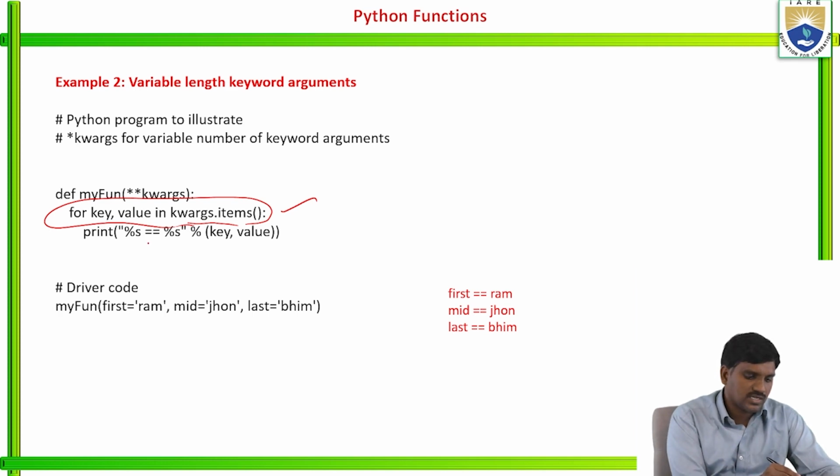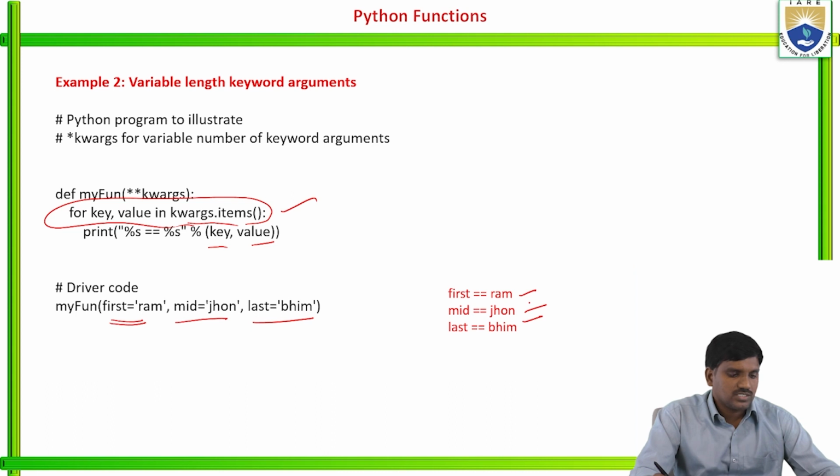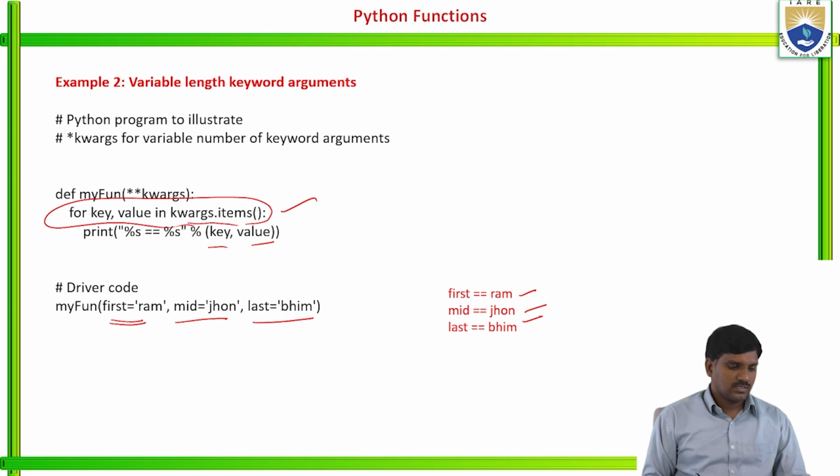Here in the driver code, myFun(first='Ram', mid='John', last='Beam'). So first is Ram, mid is John, and last is Beam. So this is the second case, example 2, variable length keyword arguments example code.